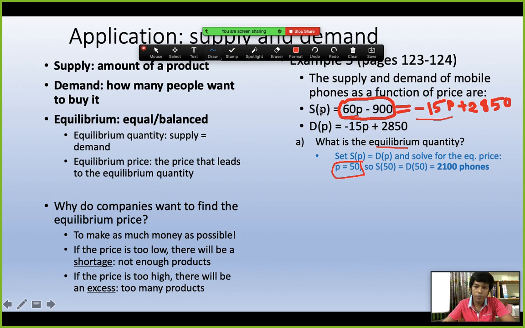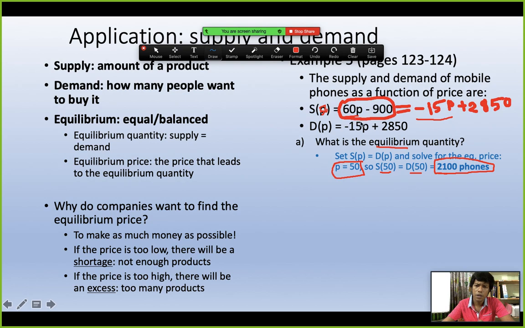And if you put 50 here, in S of 50 and D of 50, then you will get 2100 phones. That means the company needs to produce 2100 phones to get their maximum profit, because at that time supply and demand are the same.